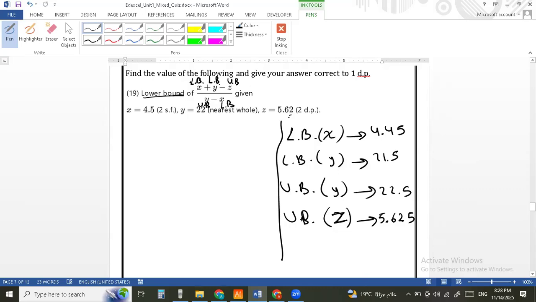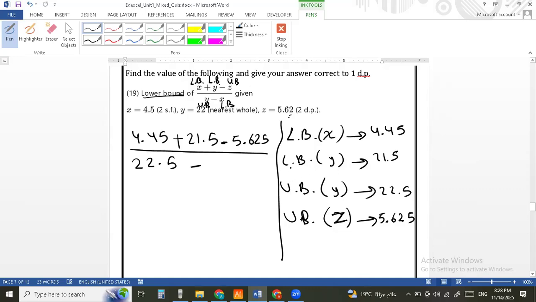Now, remove the x, write the lower bound of x we agreed. So it is 4.45 plus y, the lower bound of y, 21.5 minus z, the upper bound of z, 5.625 over the upper bound of y, 22.5 minus x, lower bound of x.